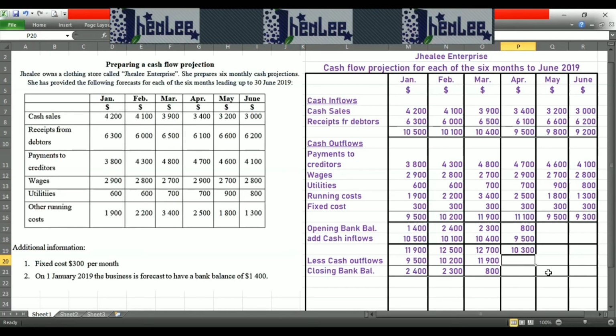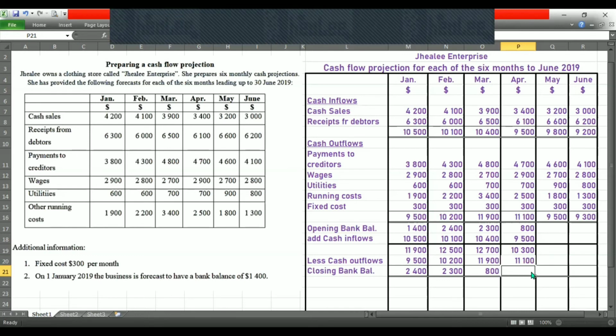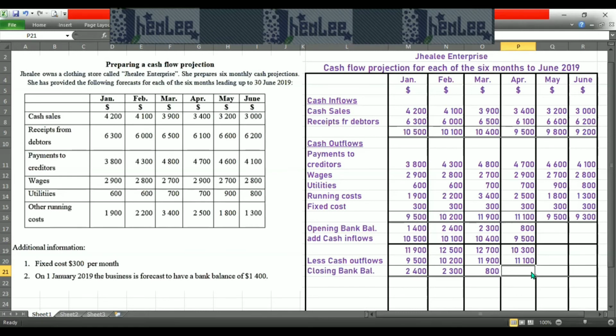Now, this 10,300, you're going to minus the total outflows from that. So that would be 11,100. And that is going to give us a negative. And that's negative 800.